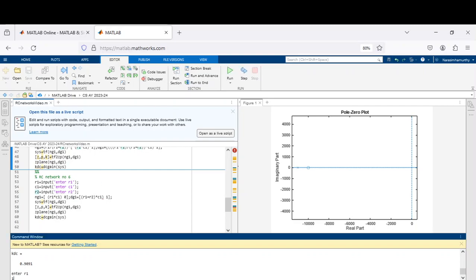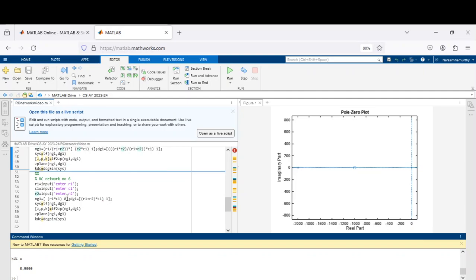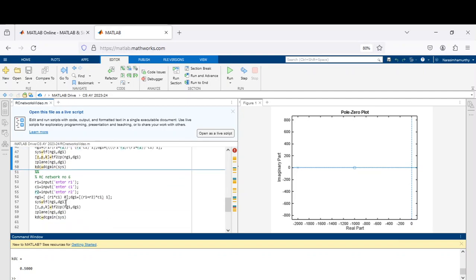When I run and give the value of R1 as 1000, C as 1 micro and R2 also as 1000, I will end up with, can you see what happened? Oh sorry, that is the sixth one now, so this should not be there. Let me take this out. Where is the pole?